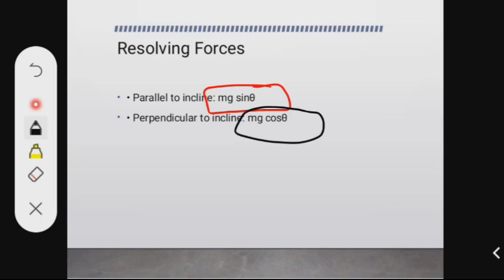So whenever they ask you for frictional force and they're relating it to an inclined plane, just know that you would use mg sine theta, because the frictional force is always parallel to the inclined plane. However, the normal force is always perpendicular to the inclined plane, because normal force is always perpendicular to the plane that an object is standing upon. So those are the formulas for forces acting on an inclined plane.